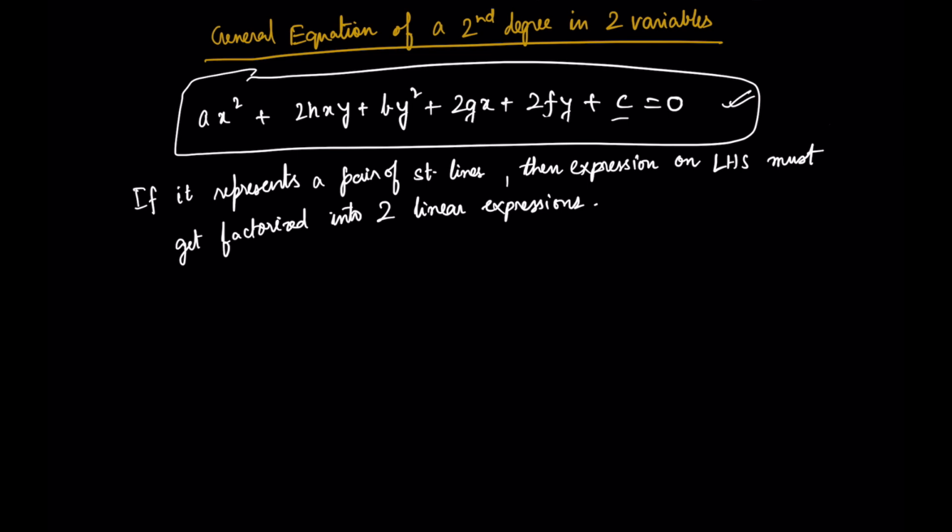Correct, students? Very simple. So now let's get started. Let us find the condition. From here the condition will come out. If it represents a pair of straight lines, the expression on the LHS must factorize. So let us find the expression.